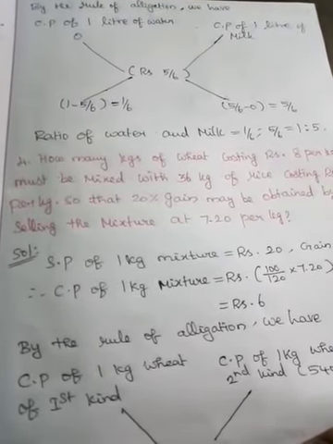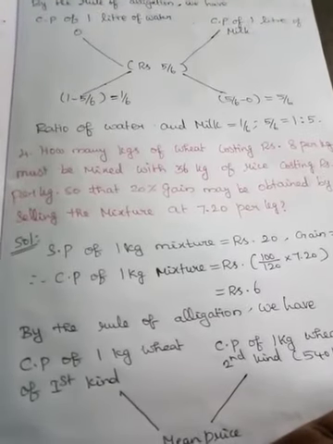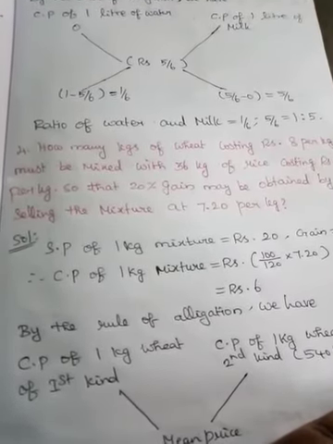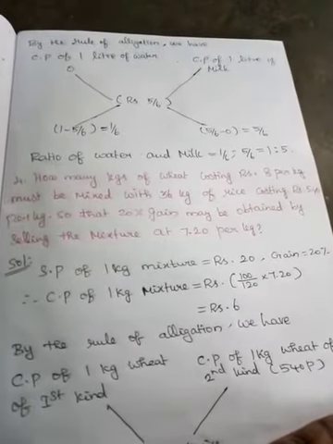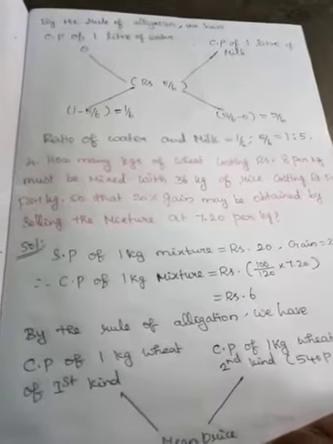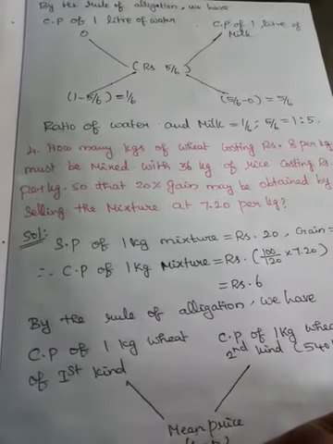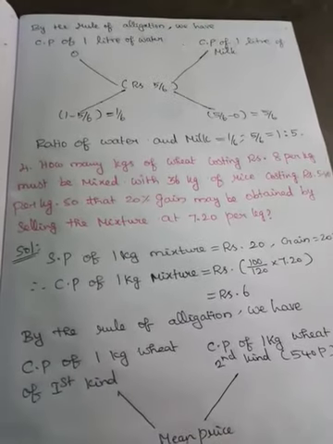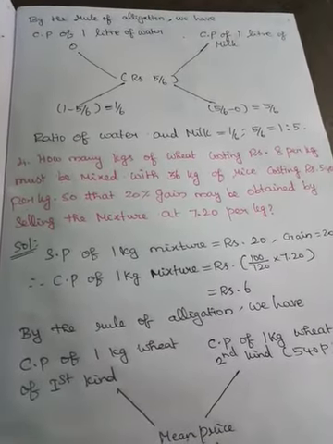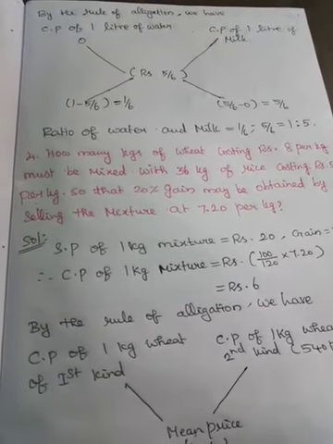Solution. SP of 1 kilogram mixture equals rupees 7.20, gain equals 20%. Therefore CP of 1 kilogram mixture equals 100 divided by 120 into 7.20, equal to rupees 6.